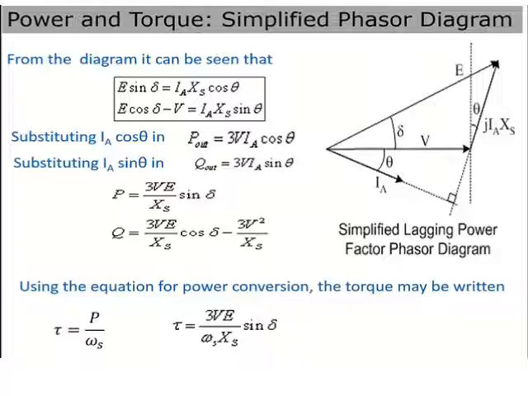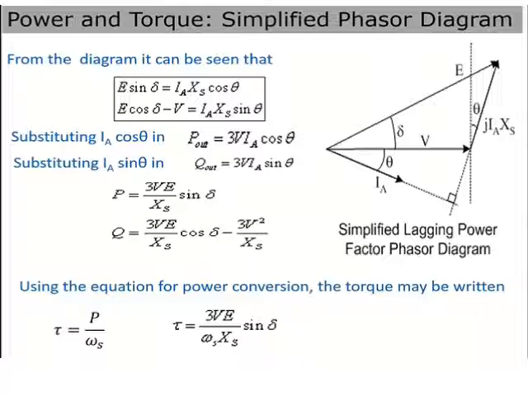Now taking the quantities on the x-axis, we can say that E cos delta minus V is equal to Ia Xs sin theta. I am repeating, if I take the projection of E on the x-axis, then E cos delta minus V is equal to Ia Xs sin theta.